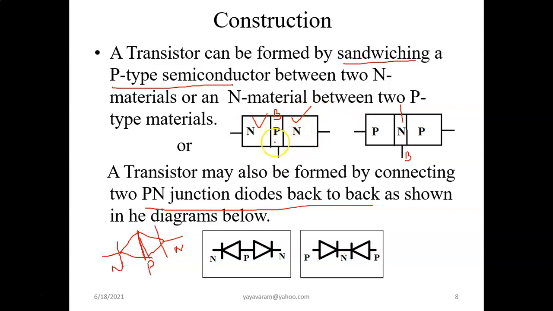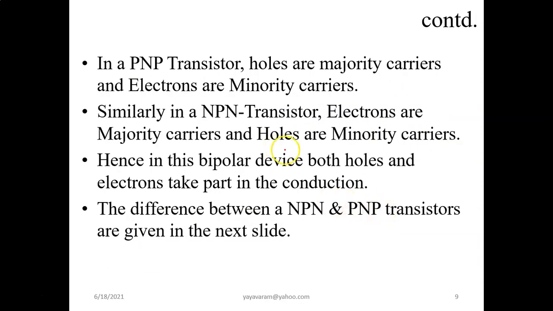Same here also, holes will take part in the conduction, and minority carriers, electrons, will also take part in the conduction. The only difference is that NPN means more electrons, so majority carriers are electrons. Here majority carriers are holes. So this is the basic difference between these two.